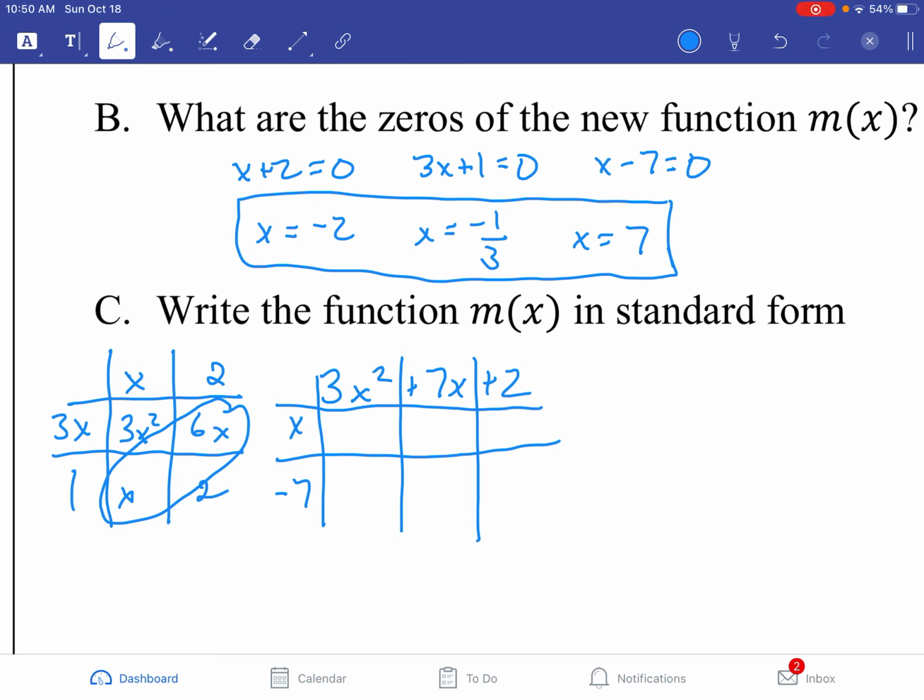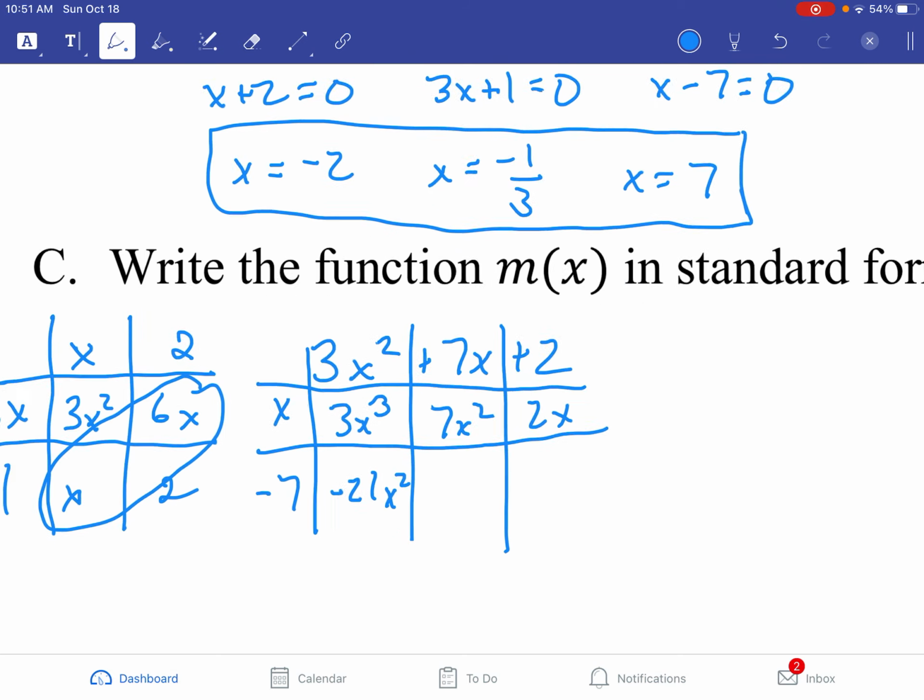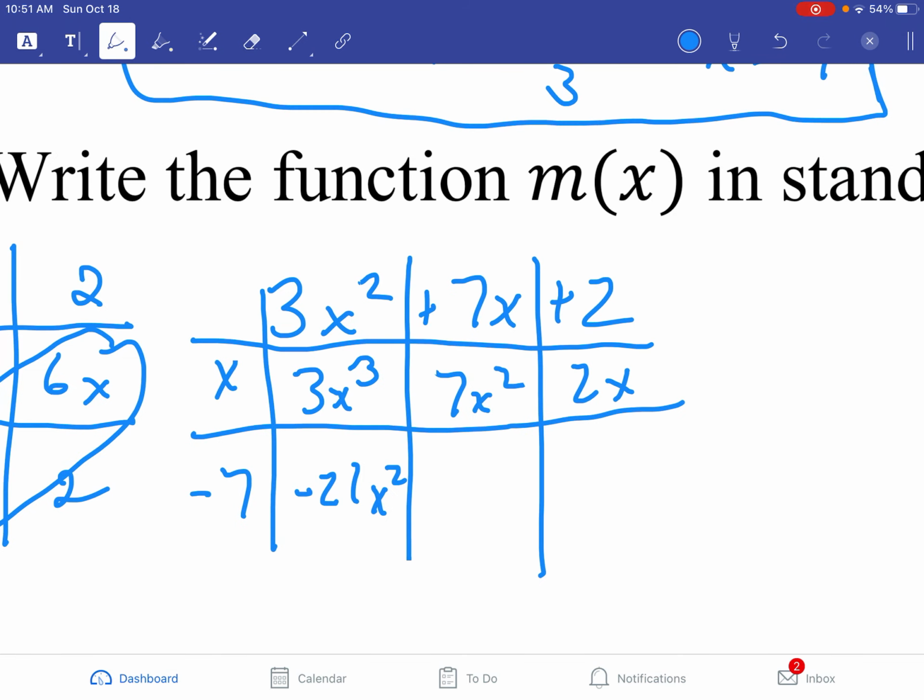So 3x squared times x is 3x to the third. 7x times x is 7x squared. x times 2 is going to be 2x. Negative 7 times 3x squared is negative 21x squared. Negative 7 times positive 7x is negative 49x. Negative 7 times 2 is negative 14.